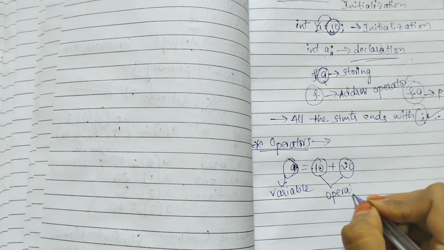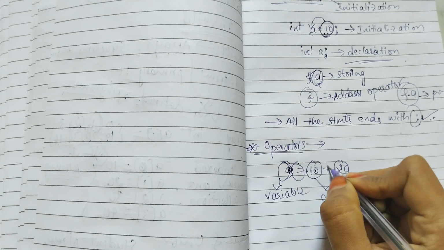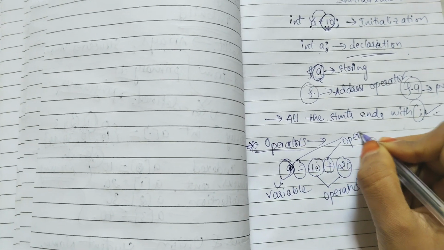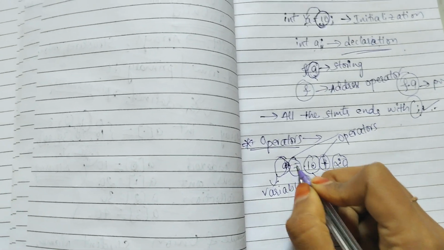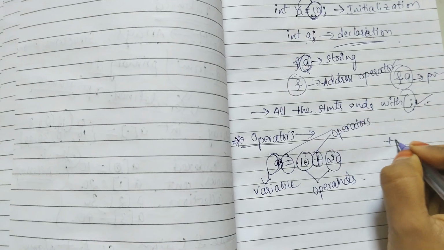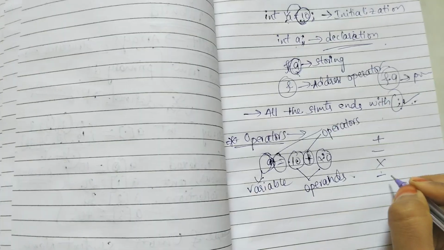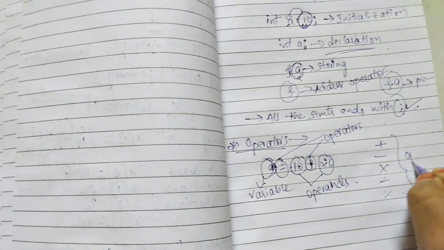Sorry, 10 and 20 are operands. Is equal to and plus, these two are operators. Clear? Addition, subtraction, multiplication, division and modulus are operators.